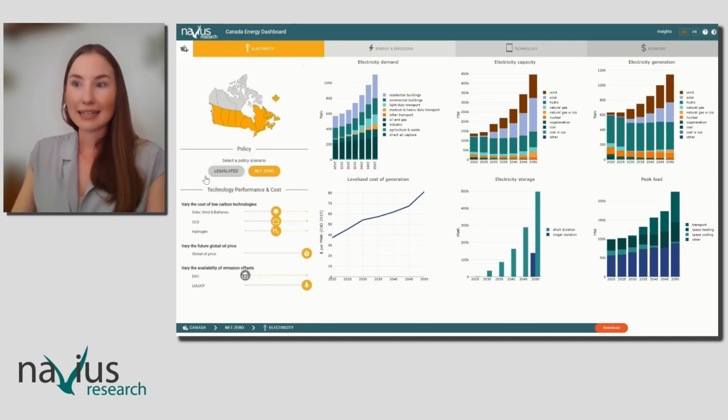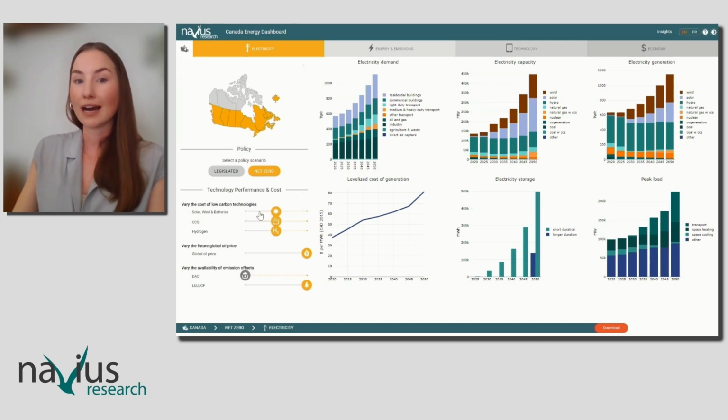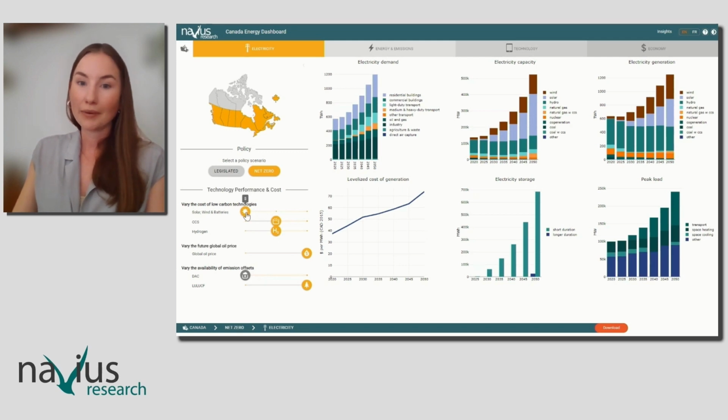If we look at a net zero scenario where solar, wind, and battery costs come down more over time, for example, we see that electricity demand increases from 1,100 terawatt hours here in 2050 under reference assumptions to about 1,200 terawatt hours. And this happens as electrification becomes a more cost competitive abatement option to achieve net zero emissions. We can also see that this increase in demand is leading to increased renewable generation supported by battery storage.